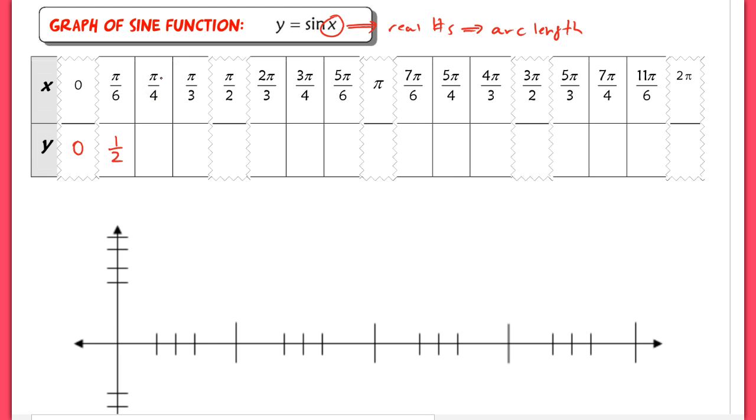For pi over 4, this is your pi over 4 family. It's right in the middle, so that's your middle value of root 2 over 2. The pi over 3 family is the highest point, so that means it's got the highest y value of root 3 over 2. So that's what we're doing here to fill out these values.